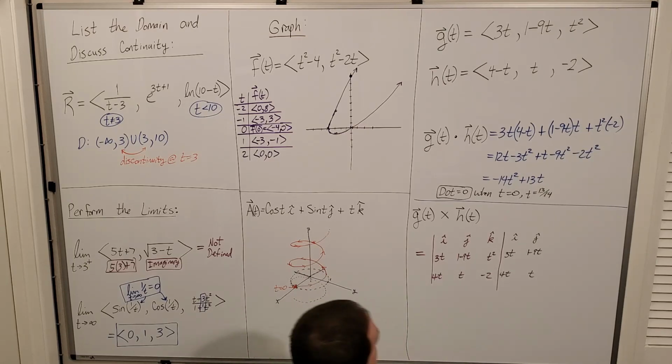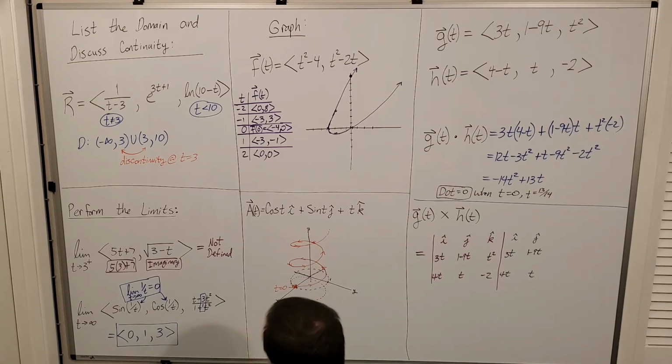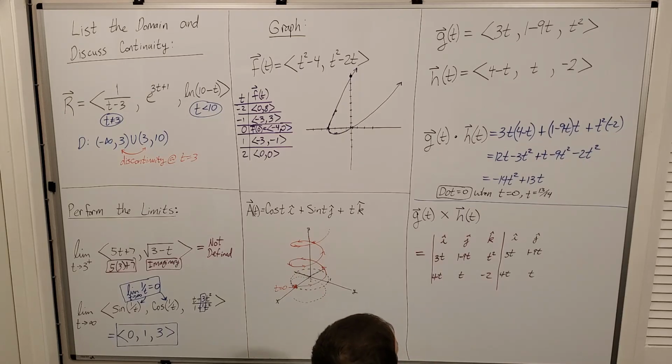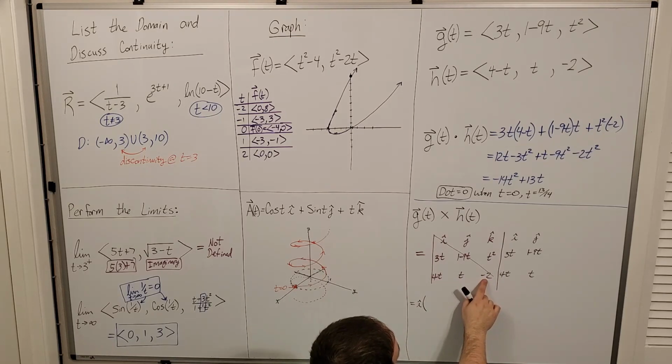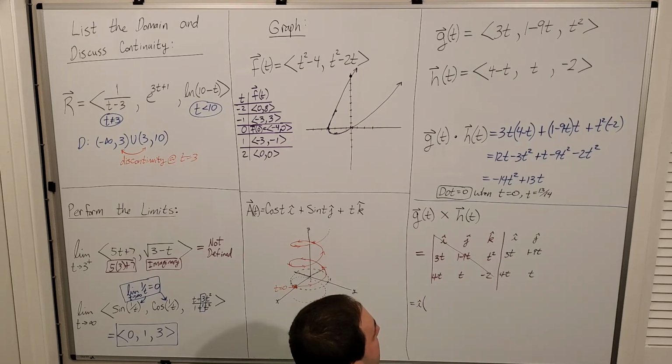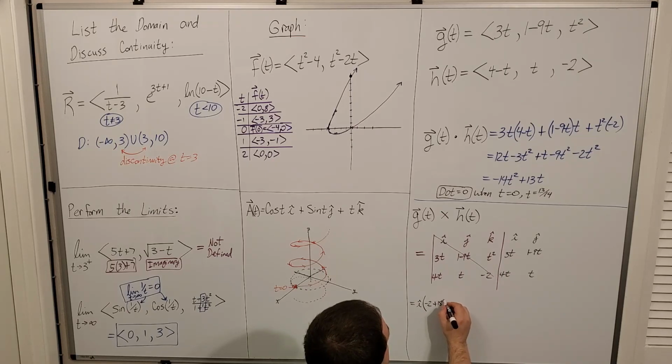Okay, so let's see what we get here. I have, for my i, I've got negative 2 times 1 minus 9t. So that's negative 2 plus 18t.